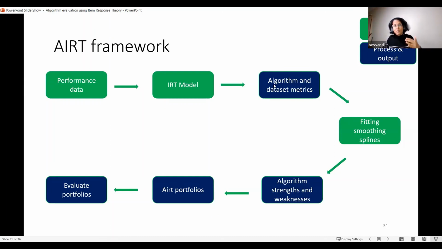From the IRT model, we get algorithm and dataset metrics, which are an output, but still in the process, because the dataset difficulty values feed the smoothing splines. And then from the splines, we can get the algorithm strengths and weaknesses. It's part of the process, but now you can look at the strengths and weaknesses as well. And then from there, you can build the portfolios and evaluate the portfolio. So that's the full set of steps.